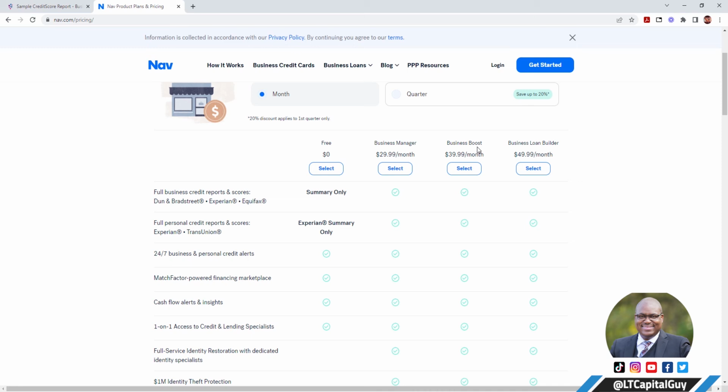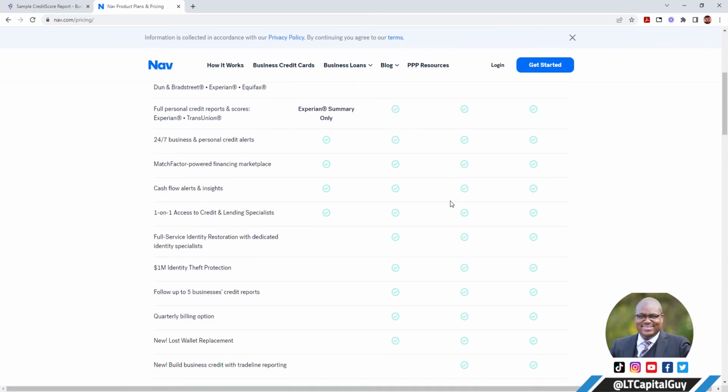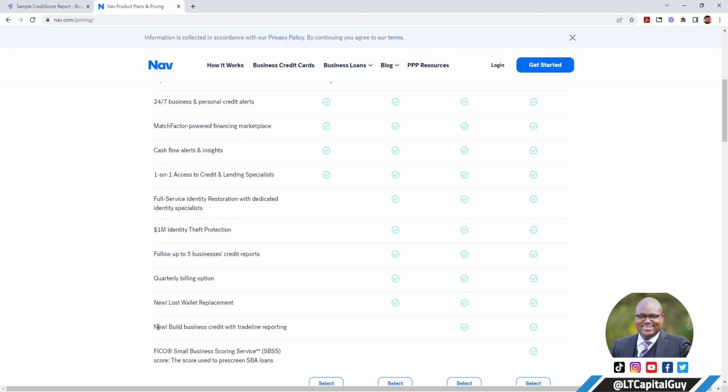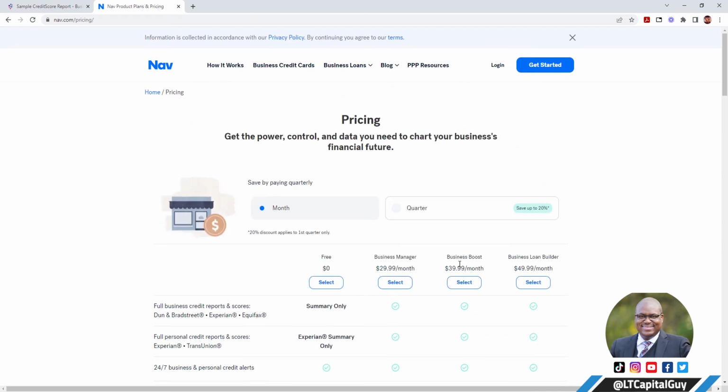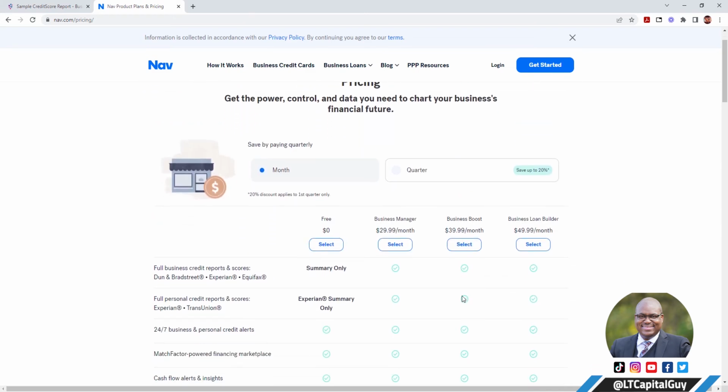Every month when you pay, this will report as a trade line for your company. You can scroll down and see the additional information you get, and you can see here, build business credit with trade line reporting. So with the Business Boost, you get a trade line, and you can also pull up all of your business credit reports: Dun & Bradstreet, Experian, and Equifax.